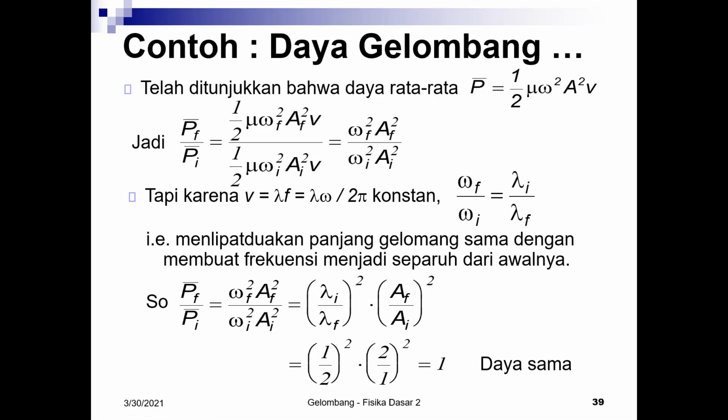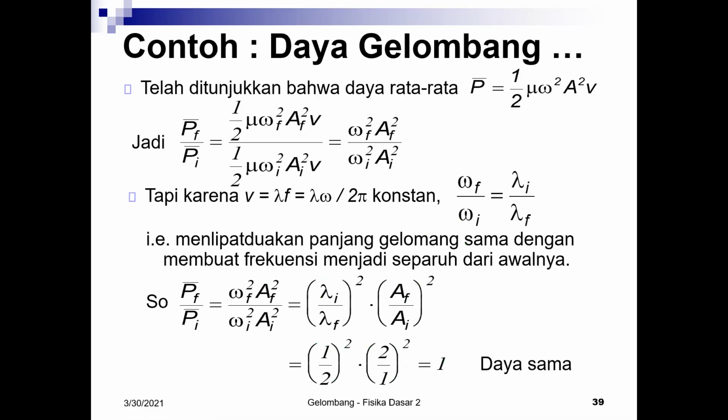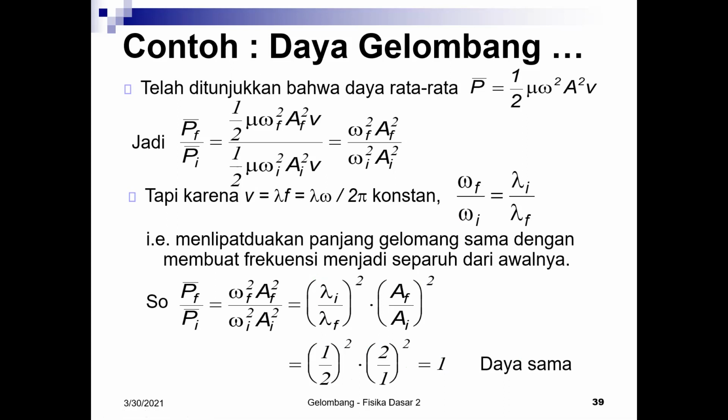What is the question if we take the amplitude and the wavelength becomes twice? If we use this expression, we will get this. Because lambda final is 2 times lambda i, omega is the half.